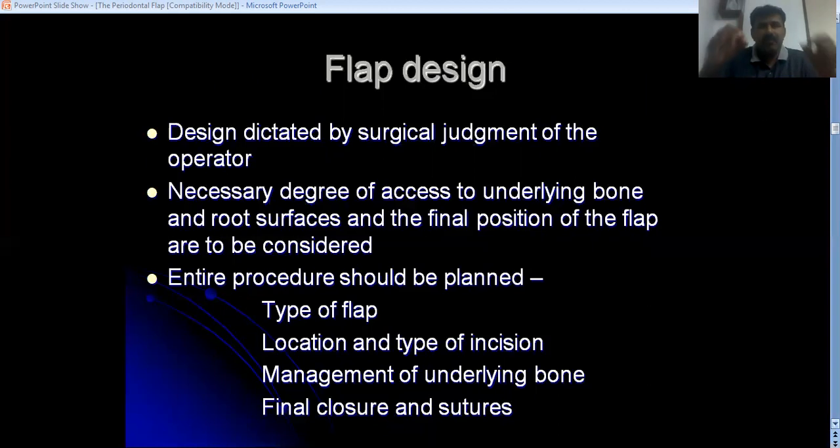And then before the procedure itself, you have to plan the entire flap procedure: what type of flap, whether you are doing a full thickness flap or a partial thickness flap, whether you are coronally advancing the flap or placing it where it was, whether you are doing anything to the bone. You have to plan it for doing the procedure.